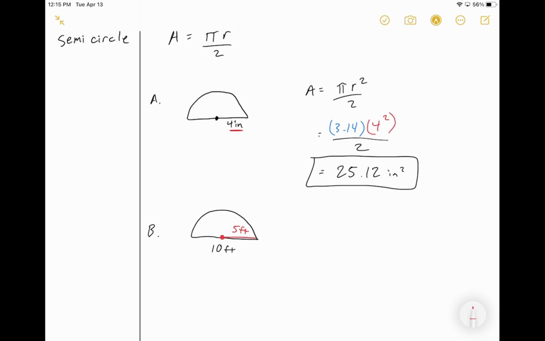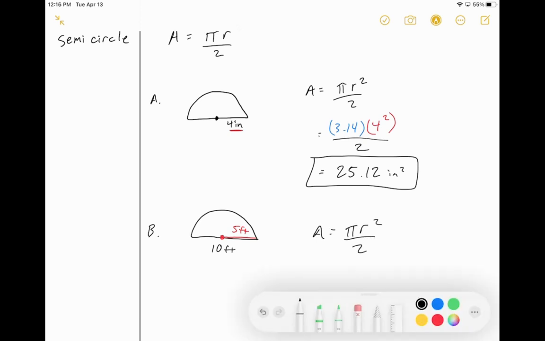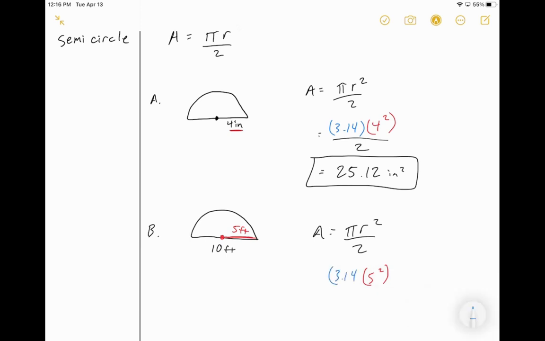All right, let's go ahead and go over it here. So remember the formula, again, is area is equal to pi r squared over 2. Now, again, this was tricky because r is 5. R is not 10, right? Does everyone understand why? Because the diameter, the whole thing across, is 10, but for the formula for area, I just need the radius, and the radius is 5. So it's going to be 5 squared, and I'm still going to use pi, and I'm still going to divide by 2.